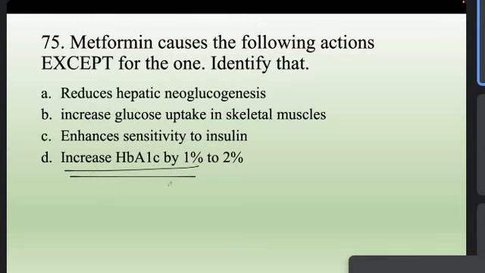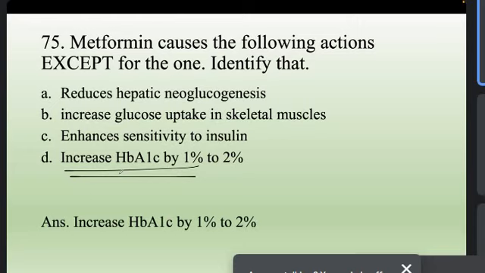So the answer is increase HbA1c by 1 to 2%. We can actually go wrong with technical answers, but these are very logical questions. So we can answer them very quickly. We just need to read it properly. Okay, let's move on to the next one.